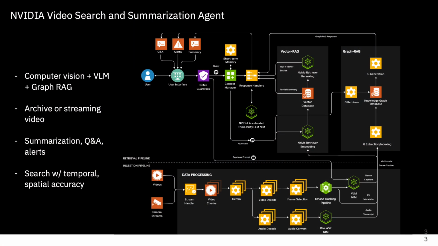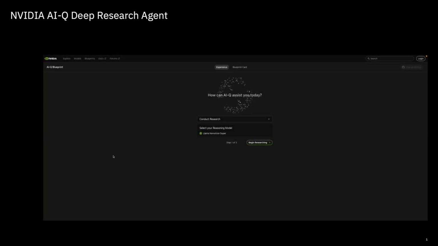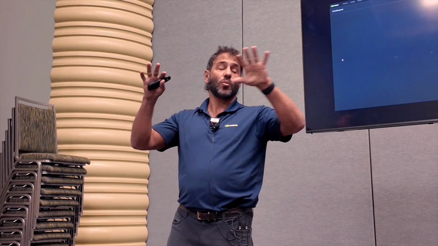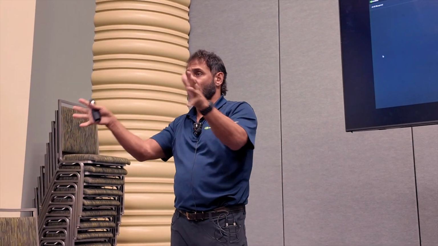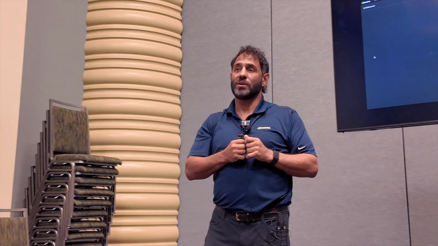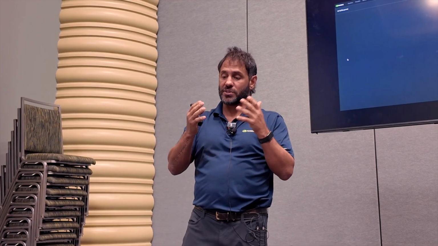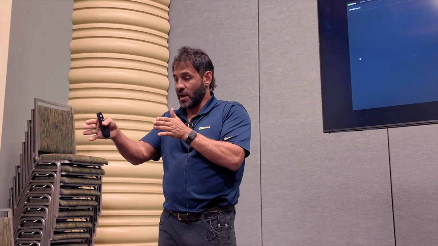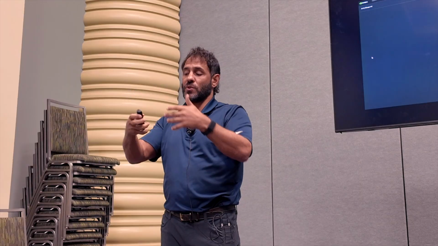This is another video of our research agent, and this is based on our reasoning NIM. What this allows you to do is, once you've sucked all your enterprise documents into your CAS system, you can chat with a research agent. It's a deep researcher that will look into your private data, research, and answer the questions.